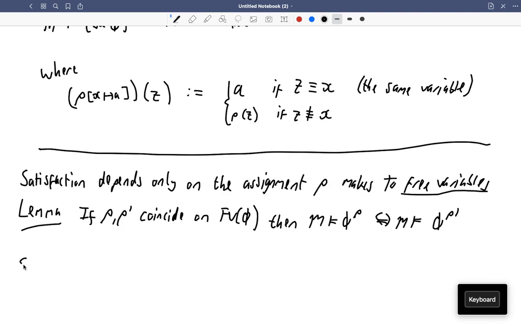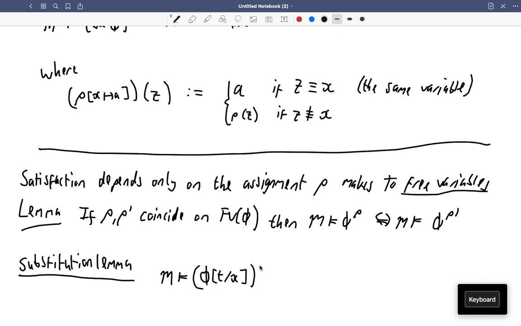It says that if we substitute a term t for a free variable x in a formula phi, using the notation from last week, and consider whether that formula is satisfied under environment rho: of course, this is no longer exactly the formula phi.